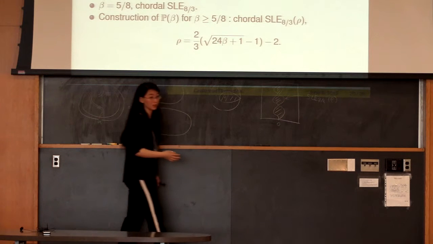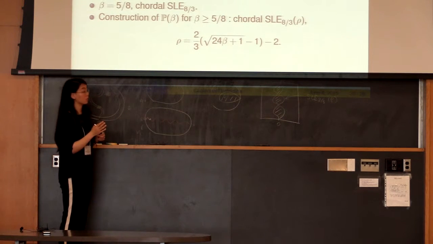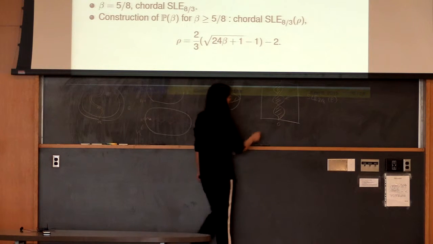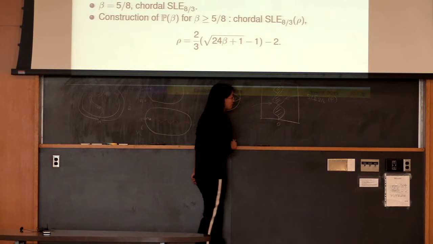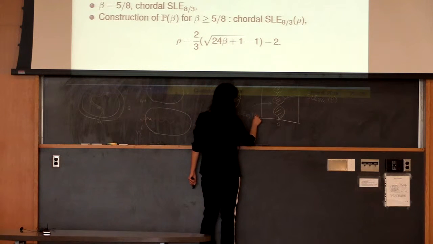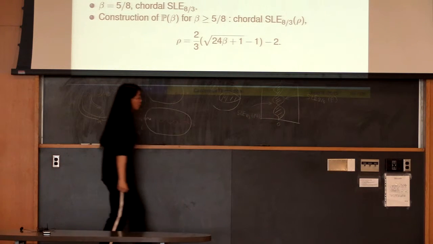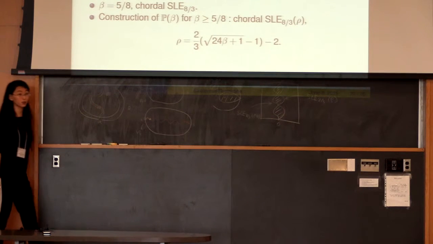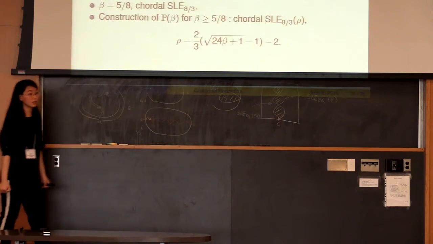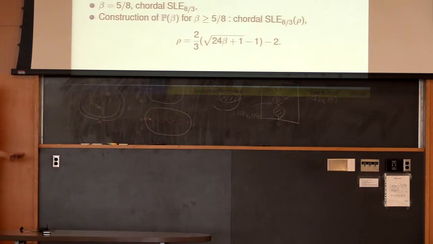This rho is positive, so the right boundary is put a little to the right. And then given the right boundary, the conditional law of the left boundary is SLE 8/3 with another parameter, rho minus 2. And this rho is related to beta in this way. This is the construction for beta strictly greater than 5/8.